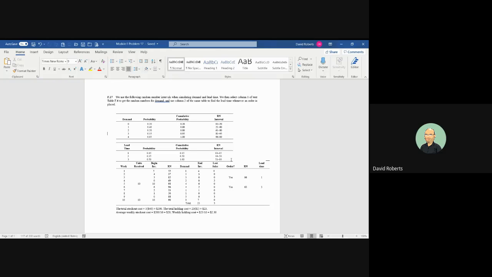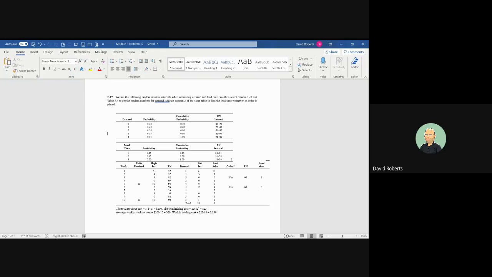A 40% probability, you're going to sell 1 refrigerator, so the cumulative probability goes up to 60%. Any random number between 21 and 60 will give you a demand of 1. Between 61 and 80, a demand of 2. Between 81 and 95, a demand of 3. And between 96 and 100, a demand of 4.